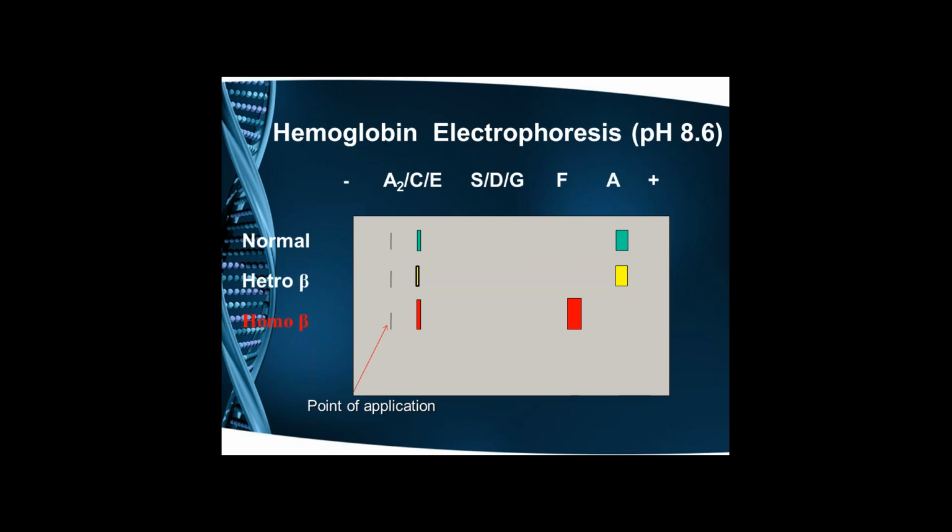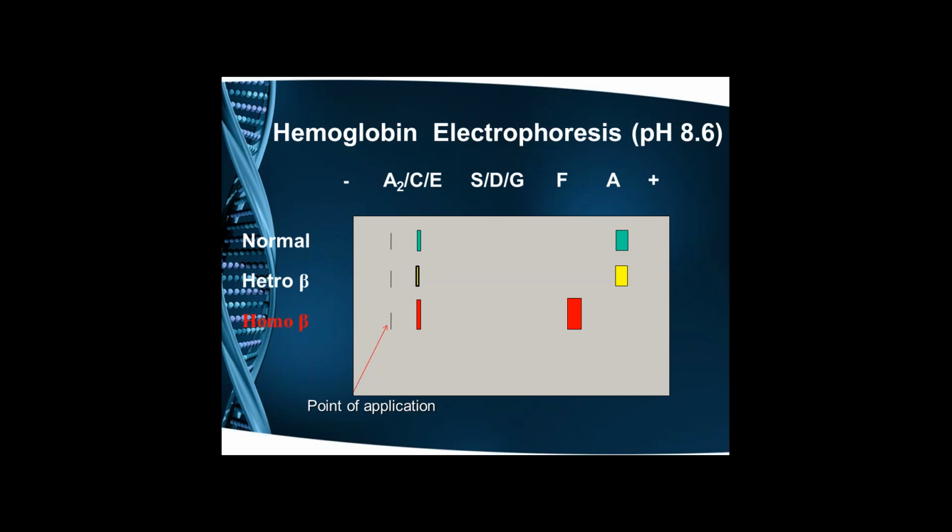From the point of application, the hemoglobin which is eluted first is the A2. Along with it, hemoglobin C and hemoglobin E are seen in this region. A little further is the region for hemoglobin S, along with hemoglobin D and hemoglobin G, which co-elute with it.